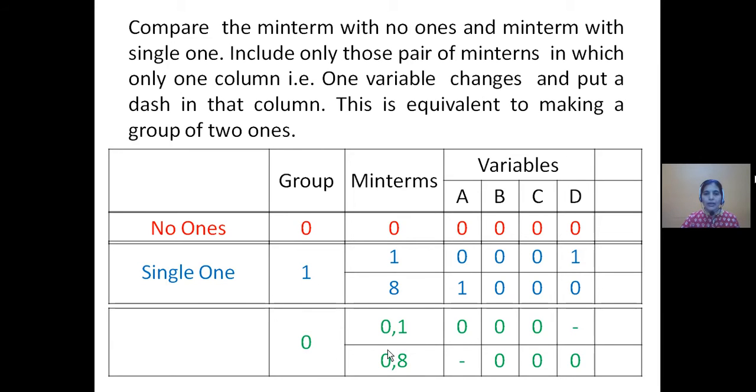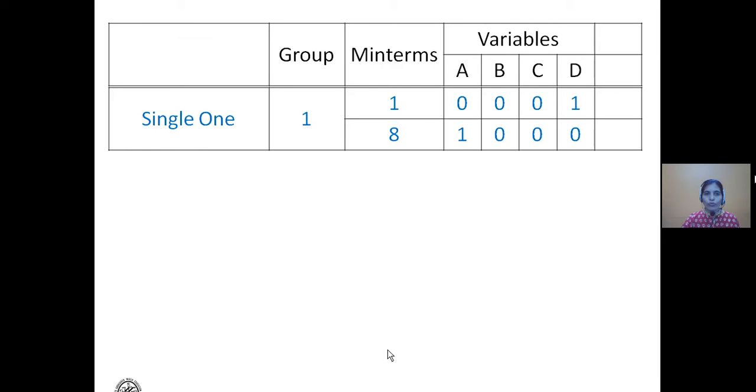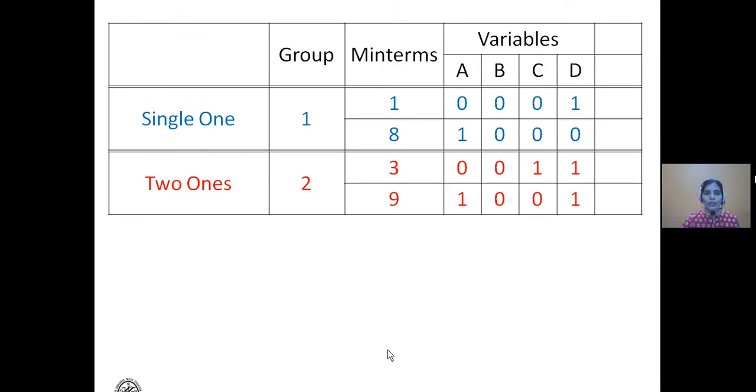The next comparison would be that of the group of single ones with the group of two ones. Now, in both these groups, we have two min terms. So there would be four comparisons. That is, 1 will be compared with 3, 1 will be compared with 9.